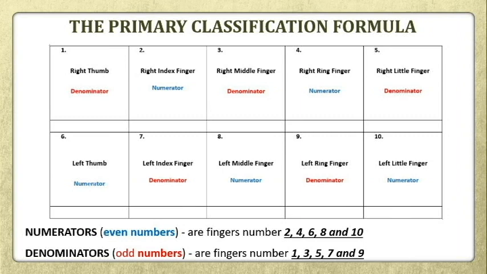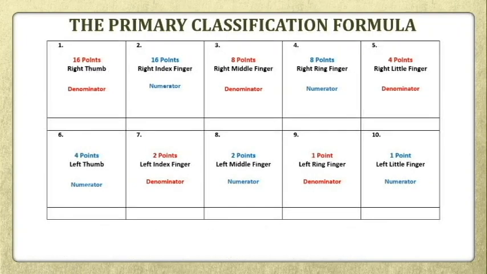When you say even numbers, those are the 2, 4, 6, 8, and 10, or those imprinted with the blue color, which go with the numerator. And the denominator, those printed with red, or the odd numbers, are 1, 3, 5, 7, and 9. So let us proceed to the values.